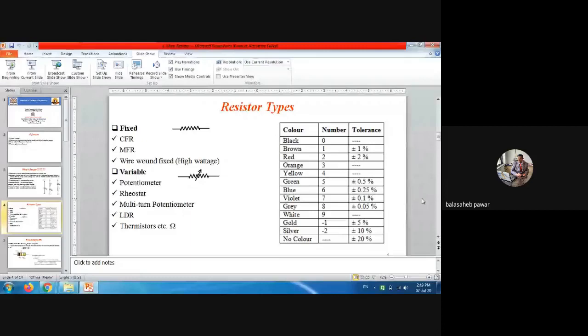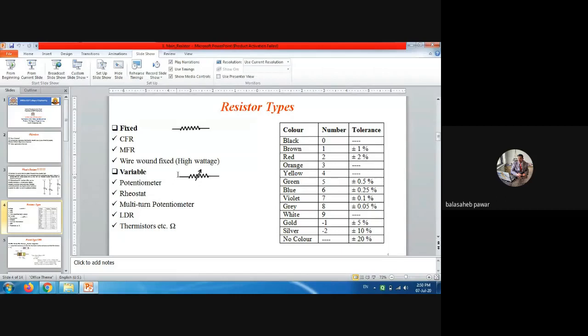Now, with this color chart or table, we can easily find the resistance of CFR and MFR from the color bands on the resistor. Then the second basic type is the variable resistor.